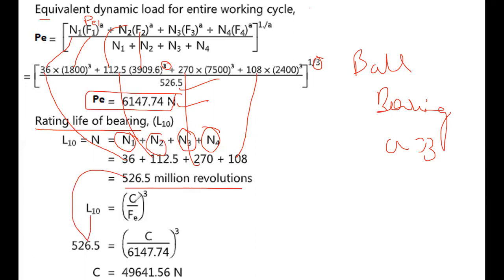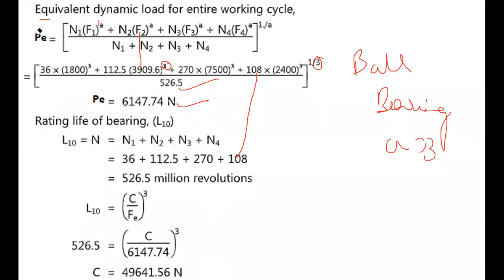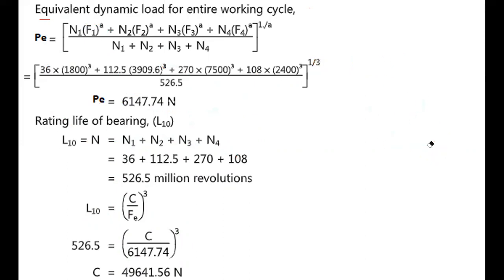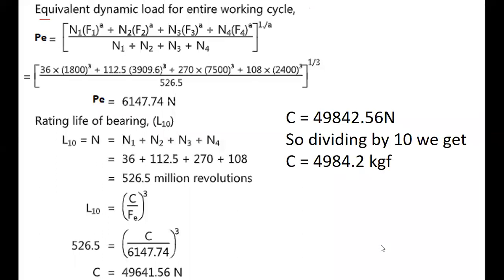We are using the load life relationship, dynamic capacity upon Fe or P, whatever you say, which is 6147.74. Dynamic load capacity is 49641.56 Newton. Like you know, in the PSG design data book, nothing is in Newton, it is in kgf. So we will divide this answer by 10. So answer is 4964.2 kgf.